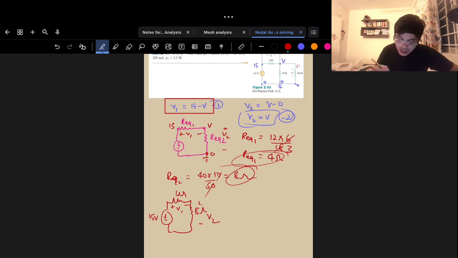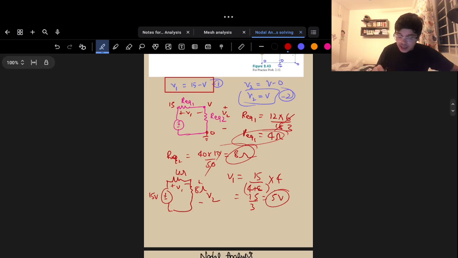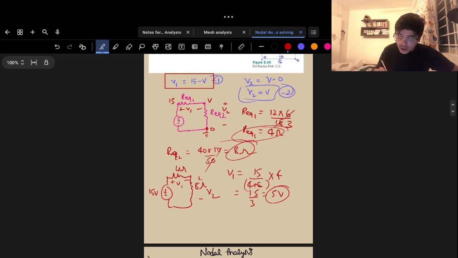Now you can easily calculate that V1 is equal to 15 by 4 plus 8 into 4, that is 15 by 3, which is 5 volts. According to KCL and KVL, if the voltage across this is 5 volts, the voltage across this will be 10 volts automatically, or you can also calculate it using 15 by 4 plus 8 into 8.